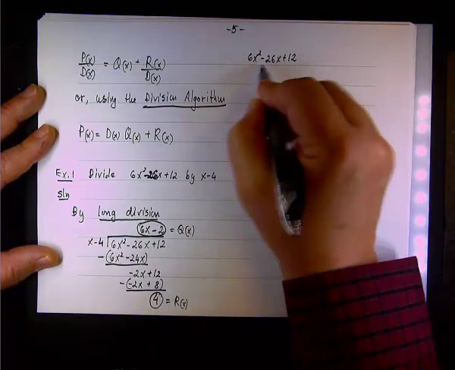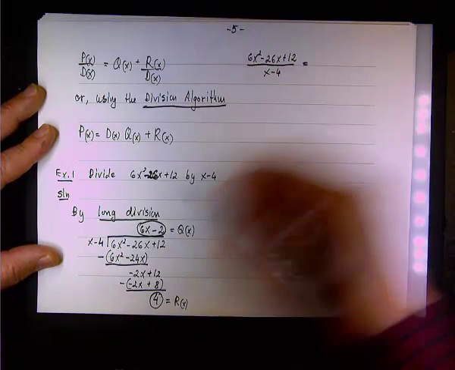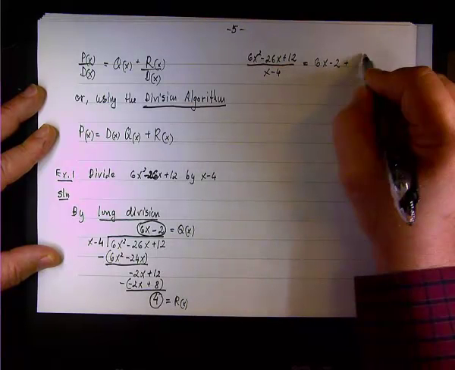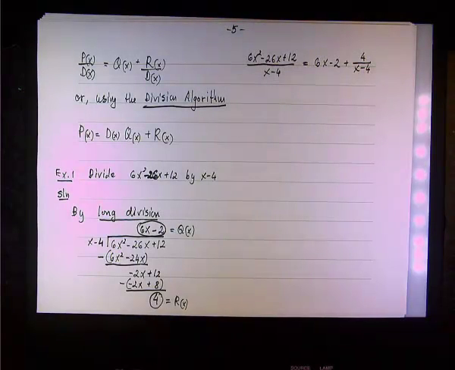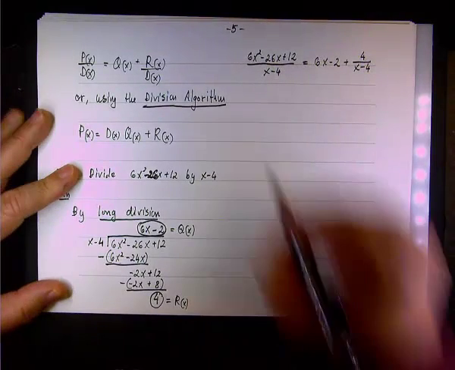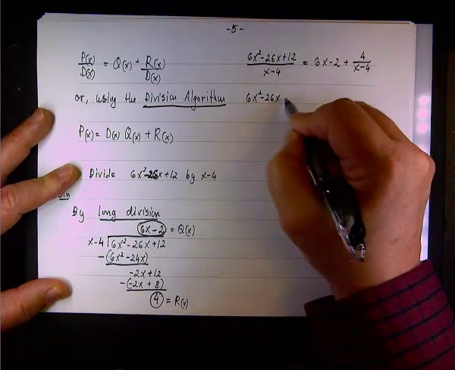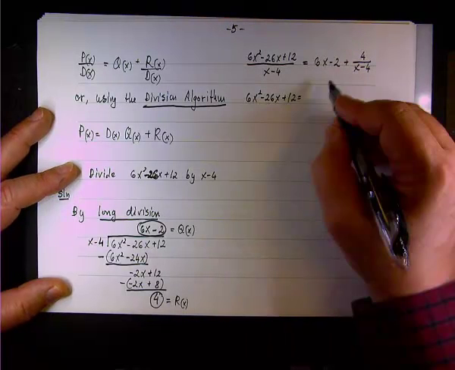So the result can be written in two forms. One, we're going to say that 6x squared minus 26x plus 12 over x minus 4 is 6x minus 2 plus 4 divided by x minus 4. Okay?